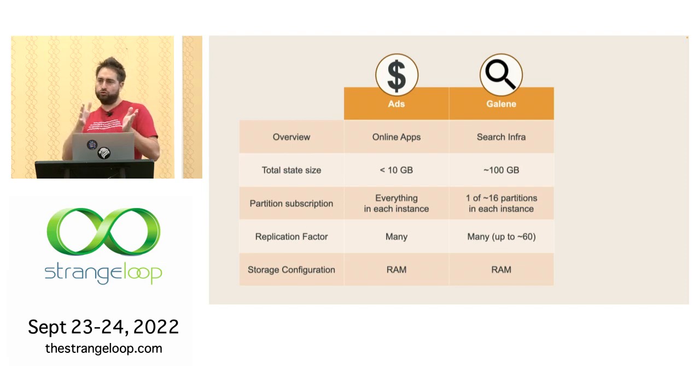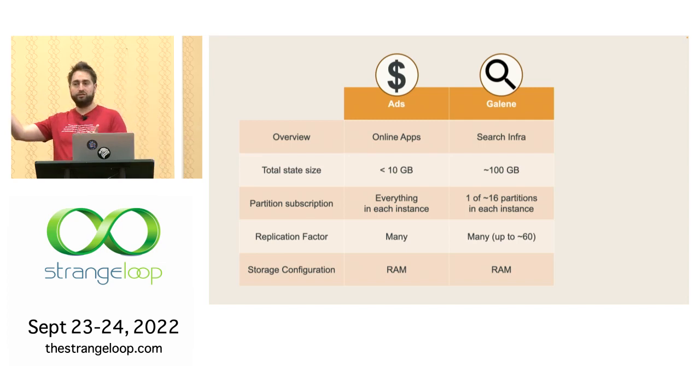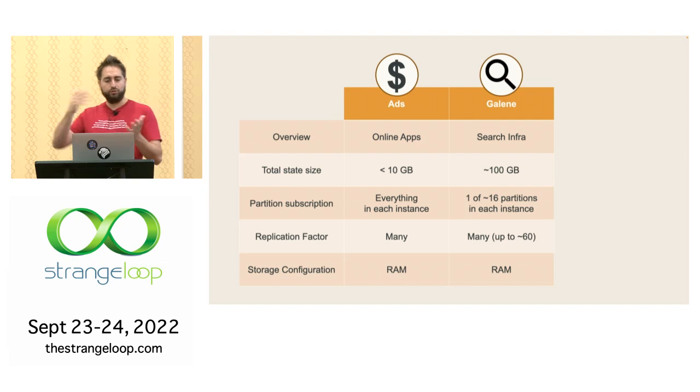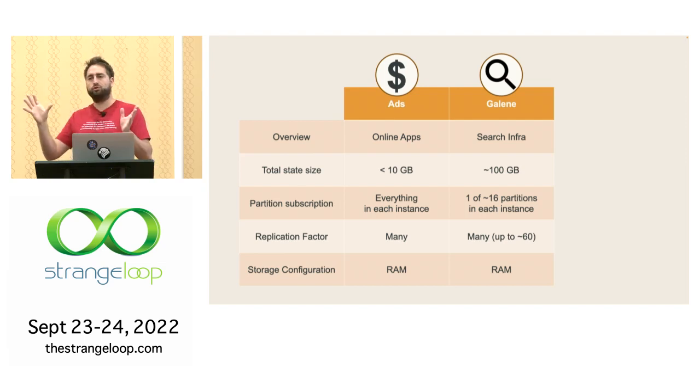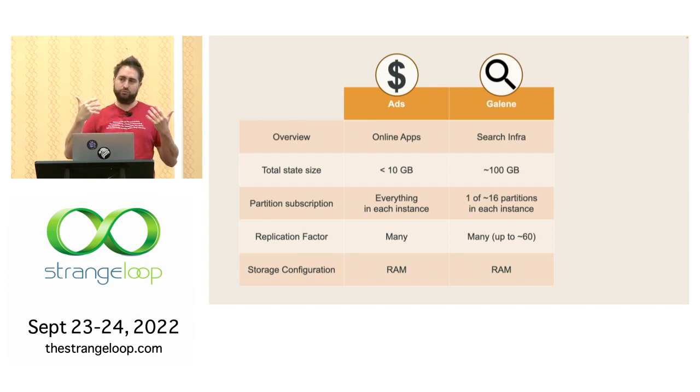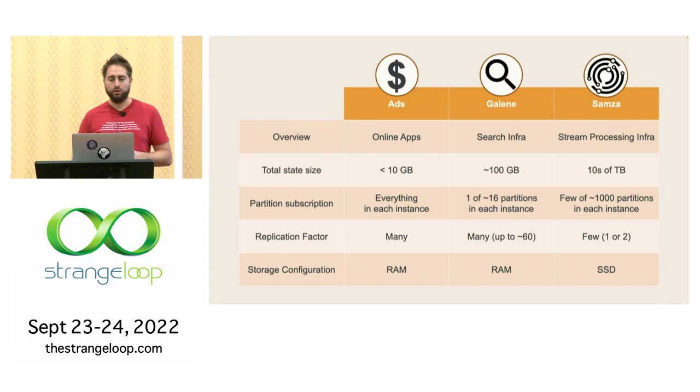And each of their searcher instances will subscribe to just one of them. But because their workload is pretty expensive, they do their read scaling by having lots of replicas. So they will have sometimes up to 60 replicas. If you multiply 16 partitions times 60, that comes up to a search cluster that's maybe 1,000 nodes that are all subscribing to the same Venice data set by leveraging DaVinci. And they put all that in RAM, because again, they're very latency sensitive.